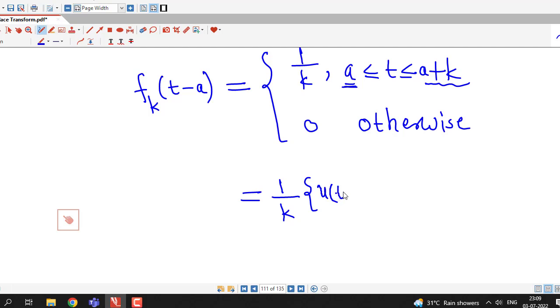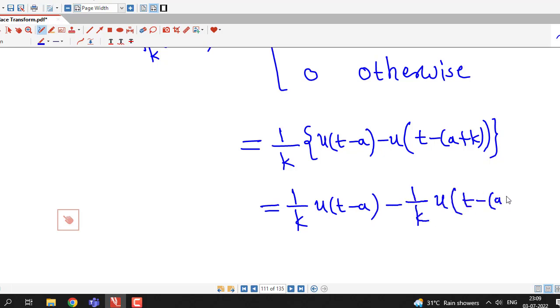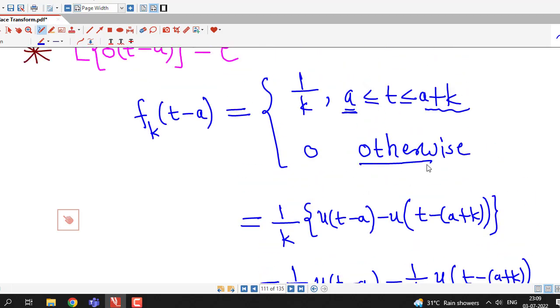This we can write as the difference of unit step functions at these 2 points, u of t minus a and u of t minus a plus k, and then we can rewrite it as 1 by k times u of t minus a minus 1 by k times u of t minus a plus k, and this is 0 outside this interval.